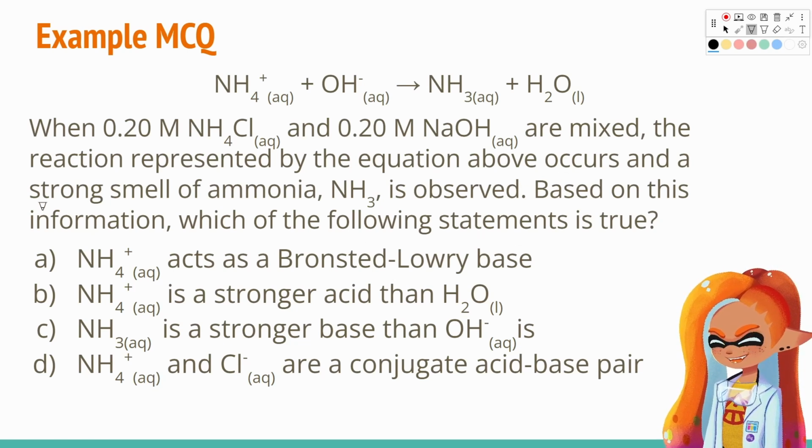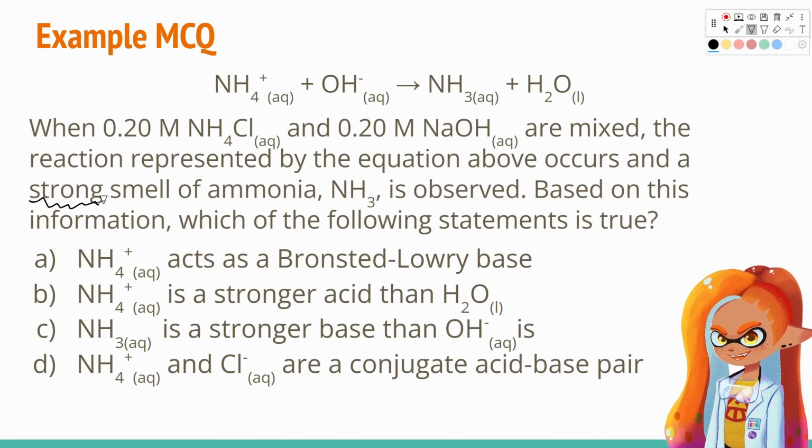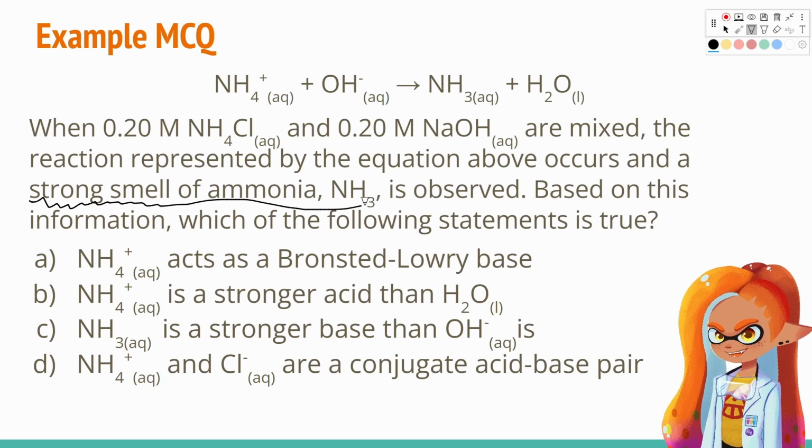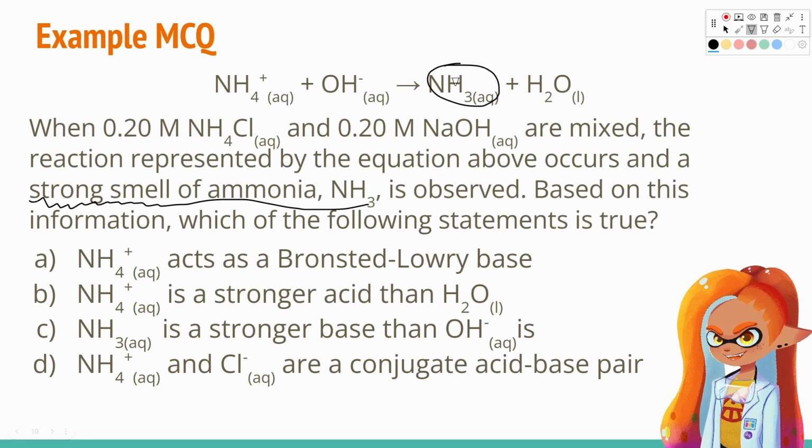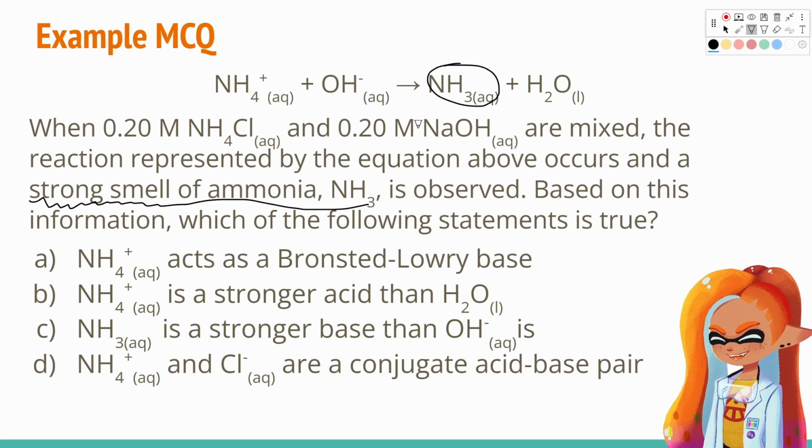So it says there is a strong smell of ammonia. So that means we have hella of this. So we are making a ton of that. And we are, again, not making the reverse reaction. Okay? So we need to think about, again, reactions technically being back and forth, even if it's negligible.